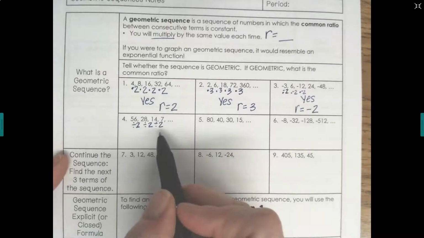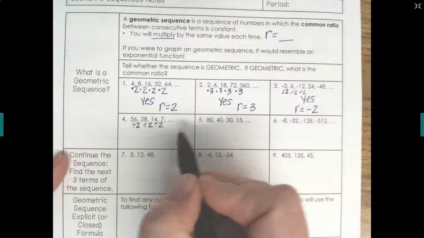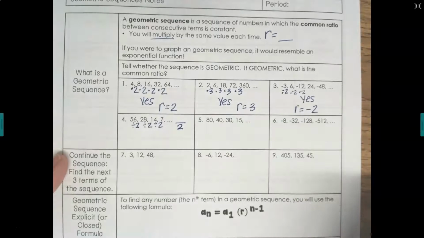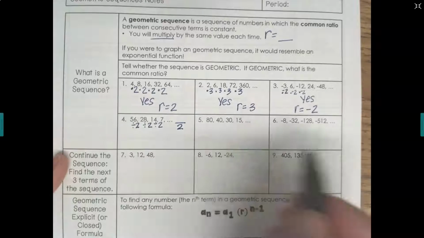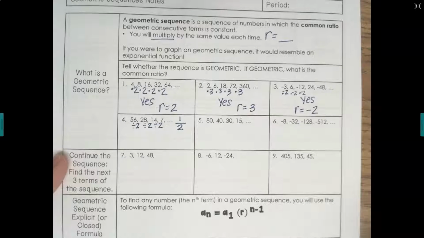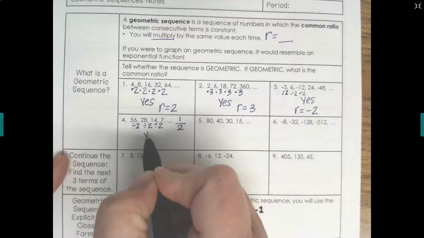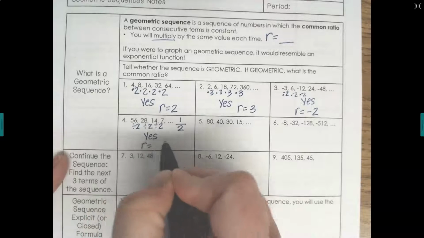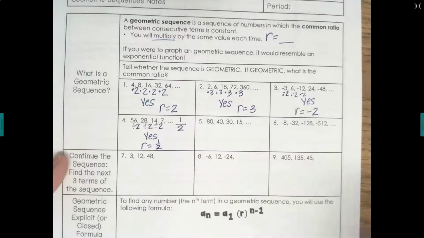So we can write dividing by 2 as a fraction, and what goes in the top of that fraction is just a 1 to hold its spot. So you're really multiplying by 1/2 each time. So yes, this is a geometric sequence, and your common ratio will be 1/2.